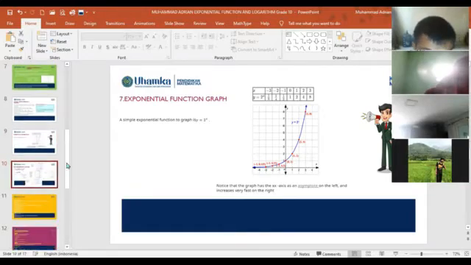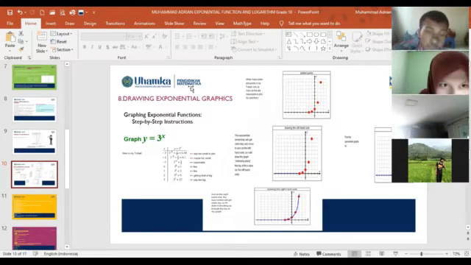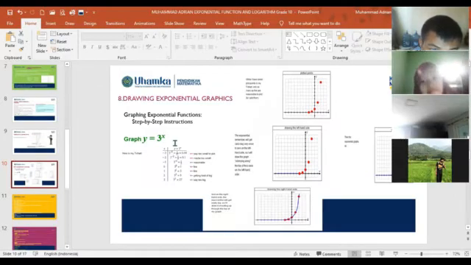So the next one, this is drawing the exponential graph. You can have a look at example number 1, graph y equals 3 power x.